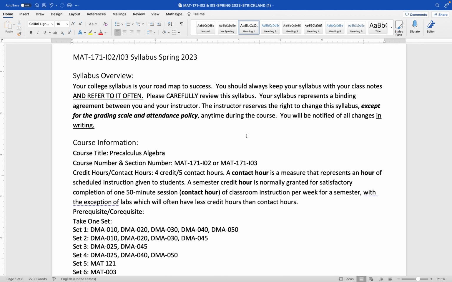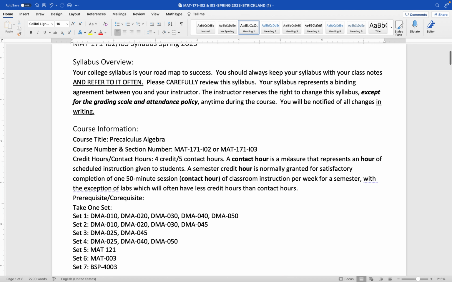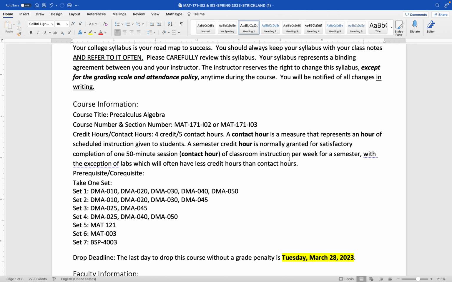We have the inclusion of sections IO2 and IO3. The course is for 4 credits as well as 5 contact hours, and the prerequisite is going to be the completion of what we have in the following set.